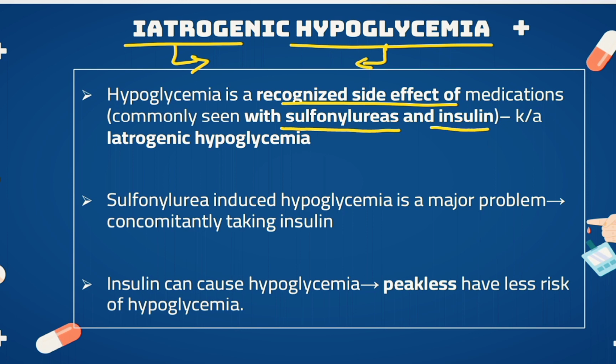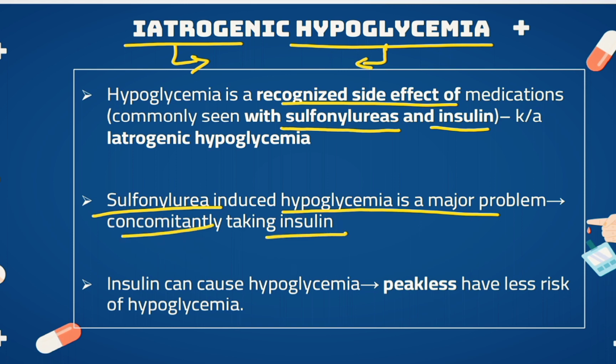So in diabetes, iatrogenic hypoglycemia means the hypoglycemia which arises due to use of medications like sulfonylureas and insulin. In persons on treatment with sulfonylureas, hypoglycemia is the most common side effect, and this side effect gives a major problem when the person is concomitantly using insulin also.